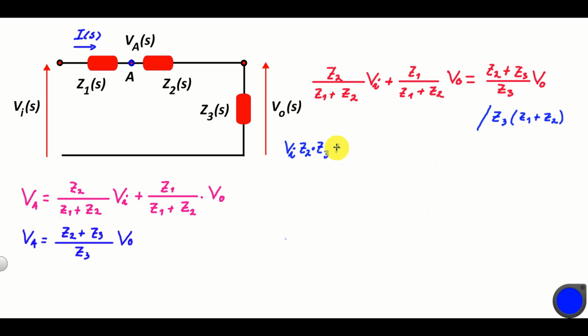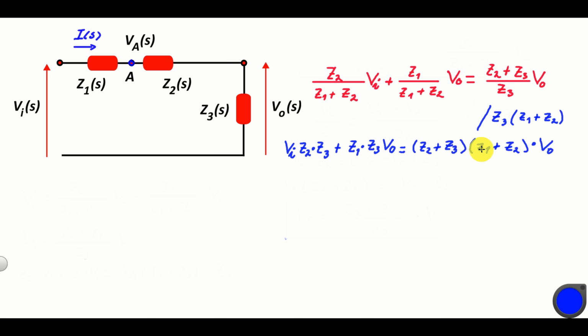Then over here we will obtain Z1 multiplying Z3 multiplying VO, and on the right-hand side we will have Z2 plus Z3 multiplying Z1 plus Z2 and everything multiplying VO.